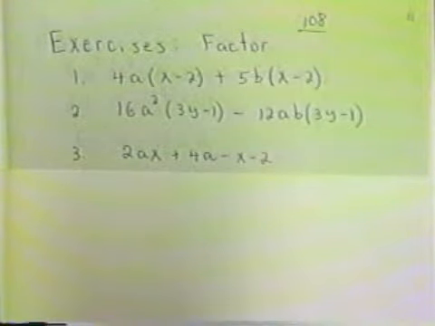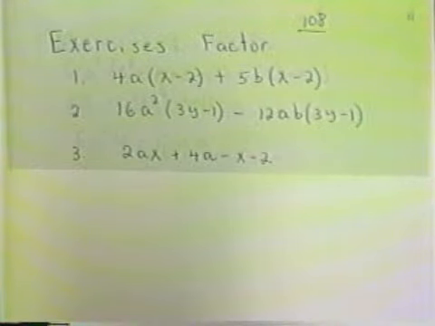Now it's time for you to do some more exercises. The first one, 4a times the quantity x minus 2 plus 5b times the quantity x minus 2. The second one, 16a squared times the quantity 3y minus 1 subtract 12ab times the quantity 3y minus 1.